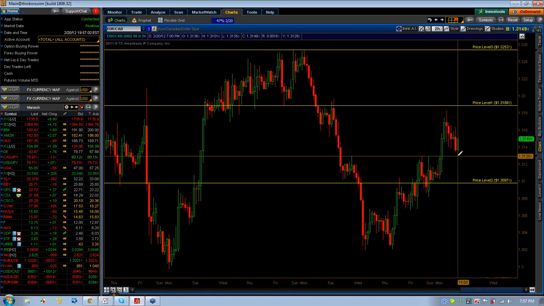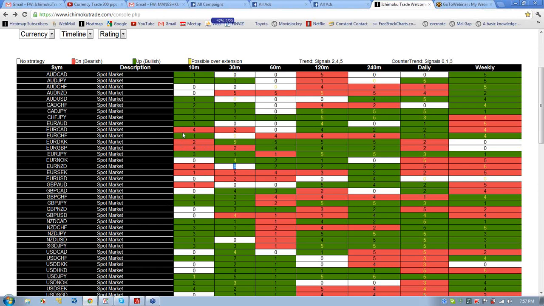Do you need to go to a lower time frame to enter? No. You can if you want, but you've got to check the heat map at that point to see if there's an opportunity on the lower time frame. If you go to EuroCAD here, there is an opportunity on the 10, so you can enter, but that's bearish. You notice that? It's not even bullish.